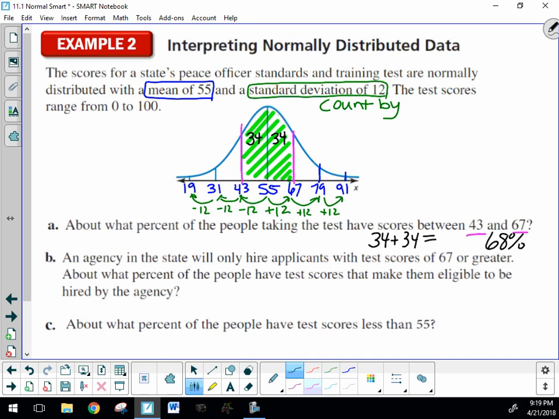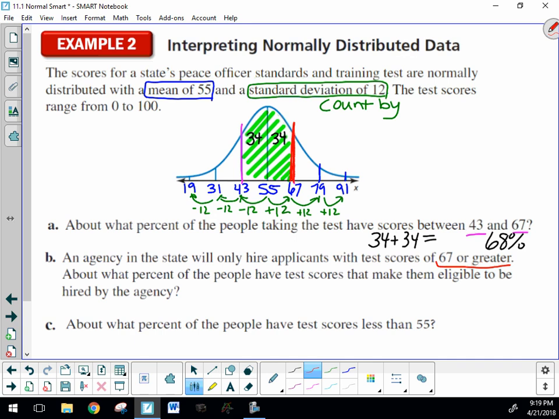All right, second question. An agency in the state will only hire applicants with test scores of 67 or greater. What percent of the people have test scores that would make them eligible to be hired by this agency? So this time we're looking for the percentage of people who score greater than 67. Well, 67 was right here.